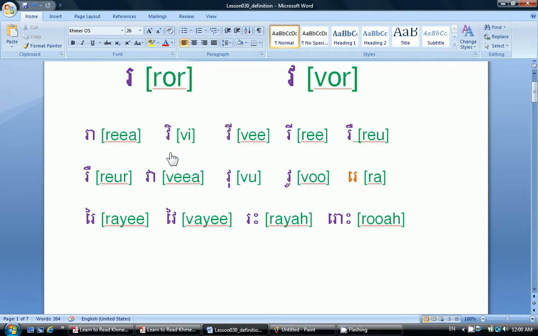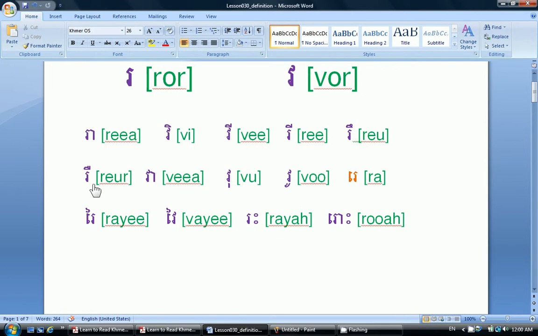Vo, sra changes the sound to sra, so vo vi. Ro, sra again, sra changes the sound to sra, so ro ri. Ro, sra changes the sound to sra, so ro ru.